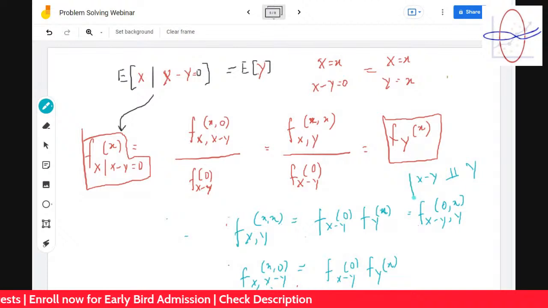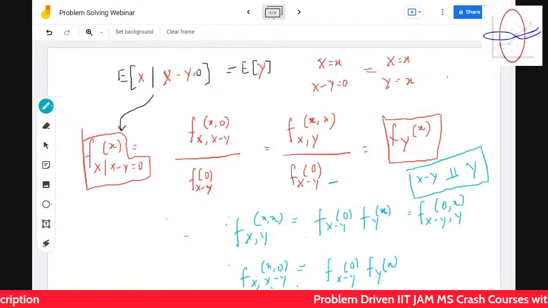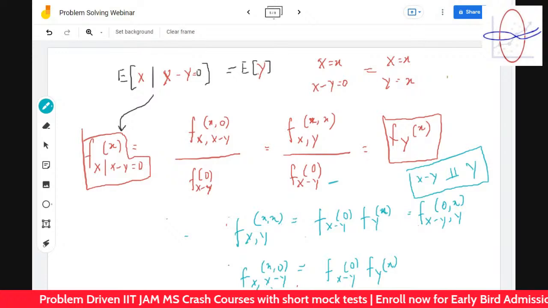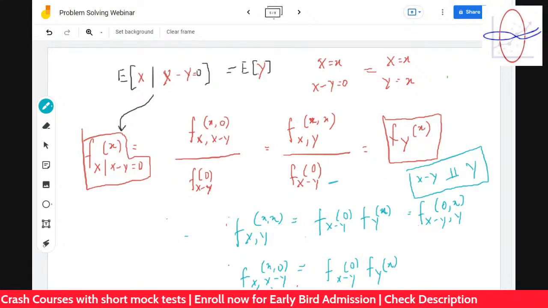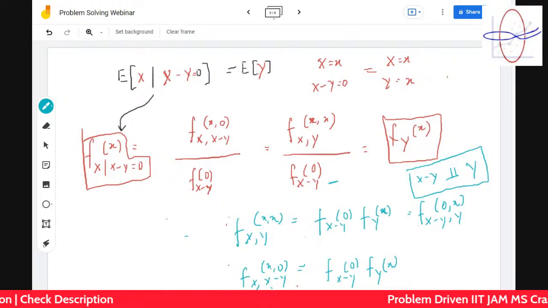So we can only write this if x minus y is independent of y. Did you understand this? So is this always true or is this always not true? We can only write this if x minus y and y are independent. Otherwise, that will not hold, right? Did you understand this, guys, or do you want me to repeat it again?